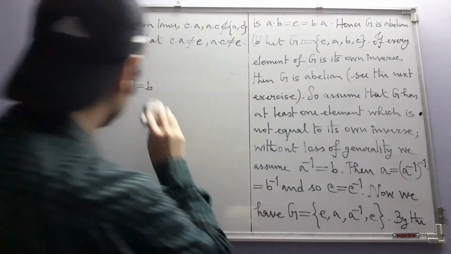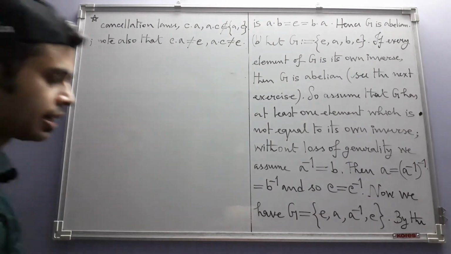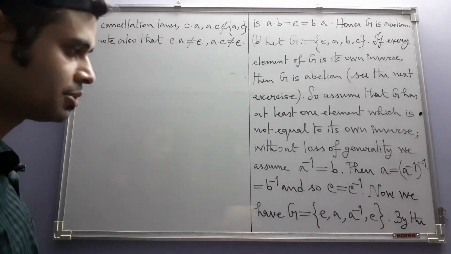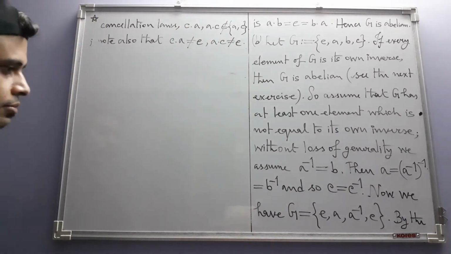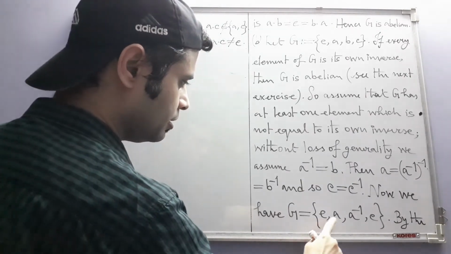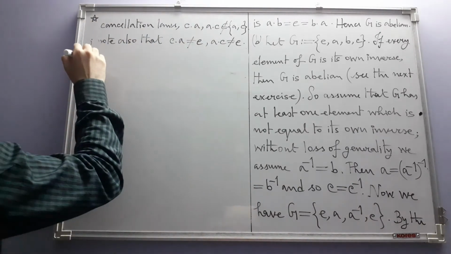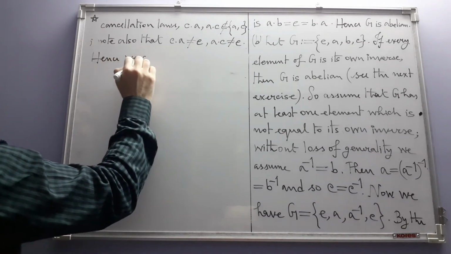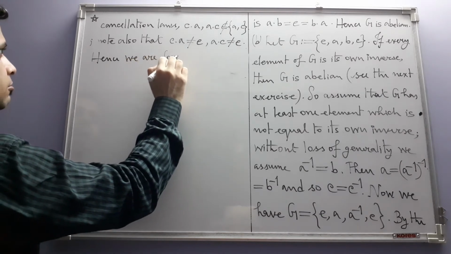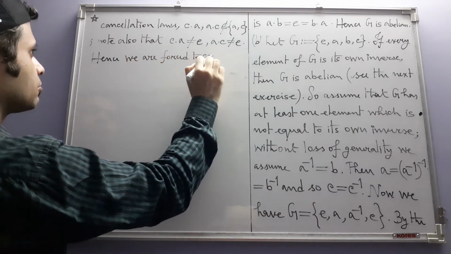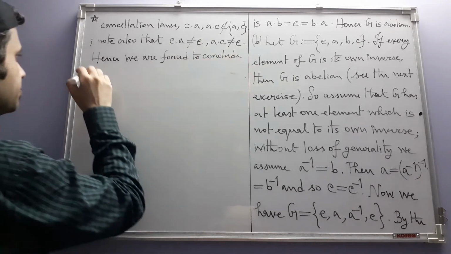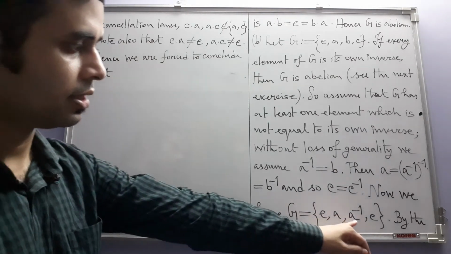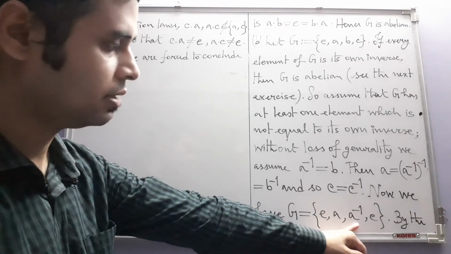So that's why both these elements are different from E, are different from A, are different from C. So they cannot be equal to E or A or C. Hence, we are forced to conclude that if they are not E or A or C, the only possibility is that they will both be equal to A inverse.